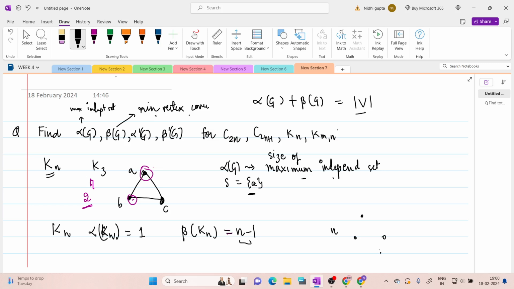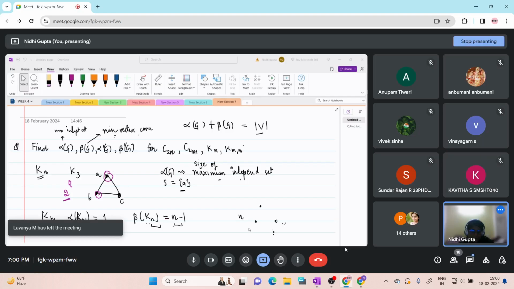So that cannot be a vertex cover. Therefore the size of the minimum vertex cover for a complete graph is n minus 1. Is this argument clear to everybody? Either you can use the theorem or the reasoning I have given. Any doubts?